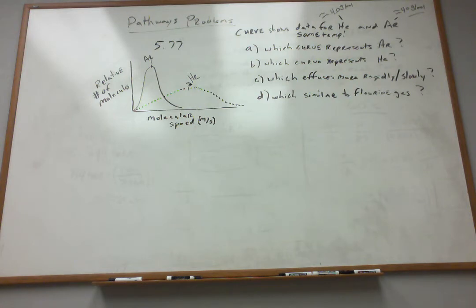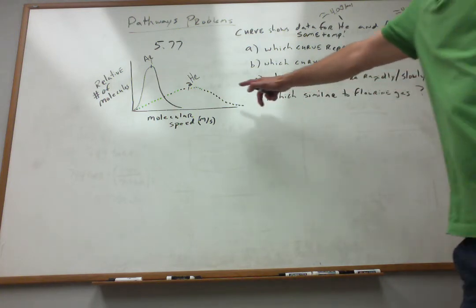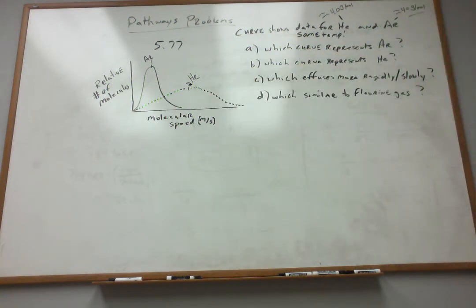The rate at which that occurs is directly proportional to the velocity of the gas. The velocity is what's important. Higher velocity, higher rates of effusion. Because helium has so much higher velocity, I would fully expect helium to effuse from a very small pinhole much more rapidly than argon, because its molecular speed is much higher. So argon will effuse slower, helium will effuse more rapidly.